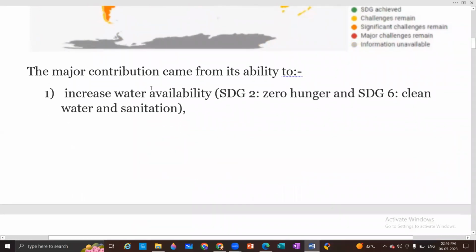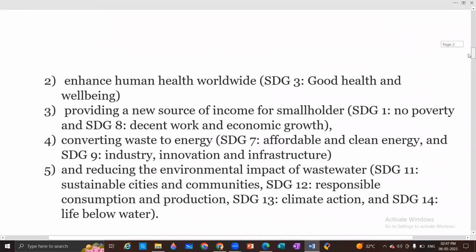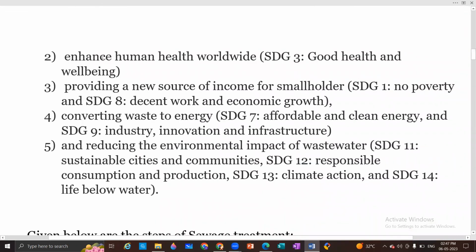So a major contribution came from the ability of wastewater treatment to increase water availability. This will help in achieving SDG 2, which is zero hunger, and SDG 6, which is clean water and sanitation. Then it can also enhance human health worldwide since consumption of pure water will be done.